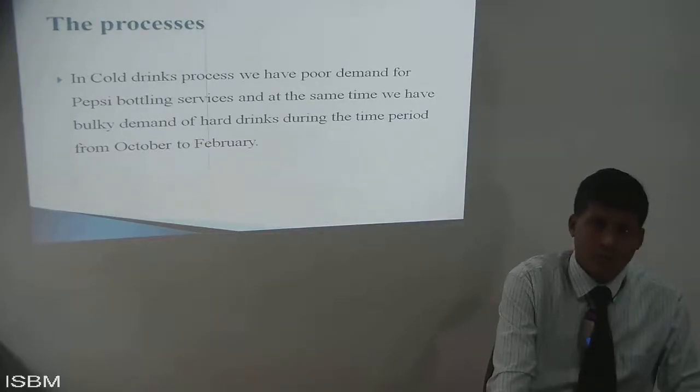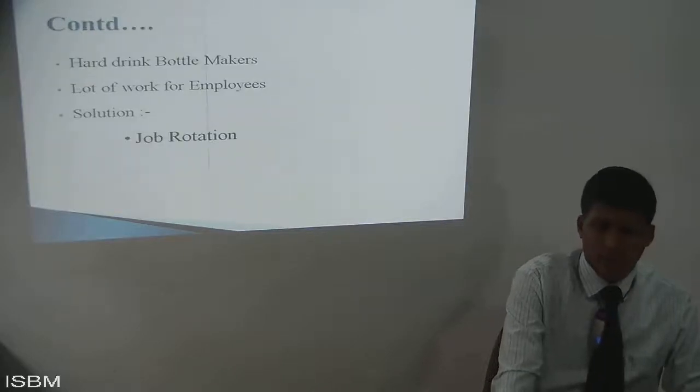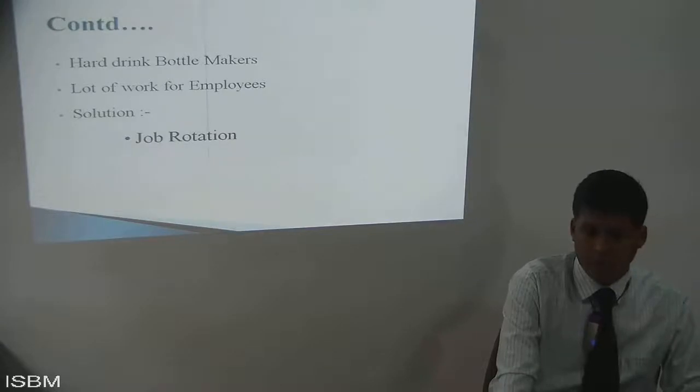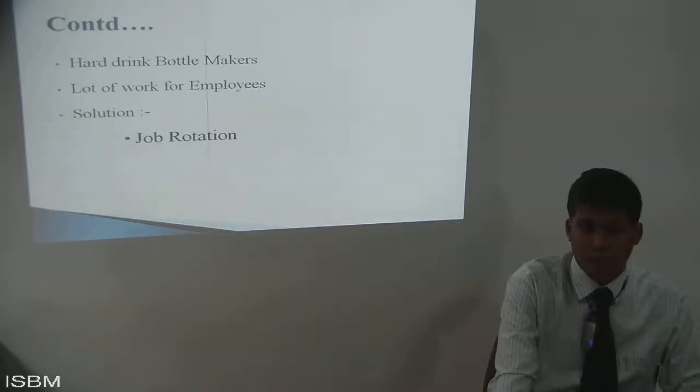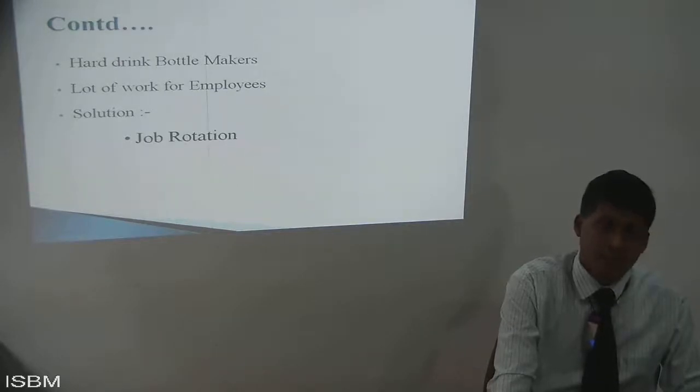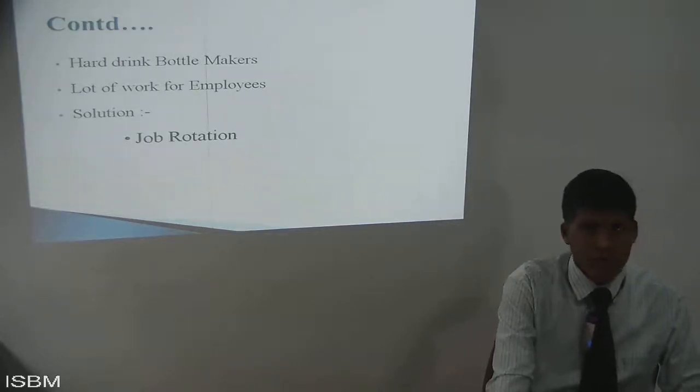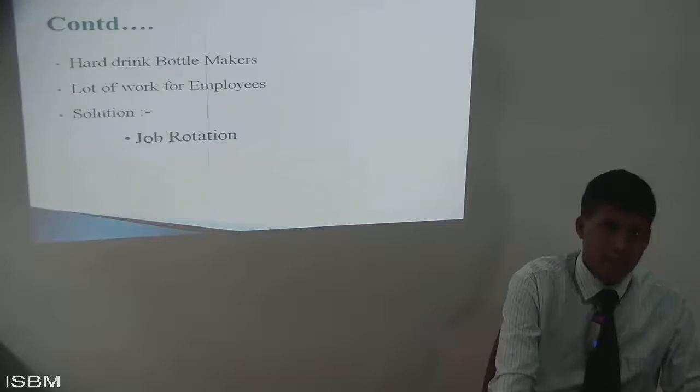So this process shift could happen during this lean phase, where there is a lot of work for employees in hard drink bottling, and the solution could be job rotation. In peak time they are in the bottling business, and in off-peak time they are in the hard drink business process.